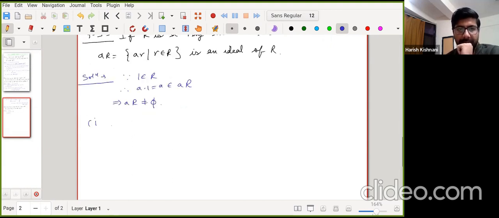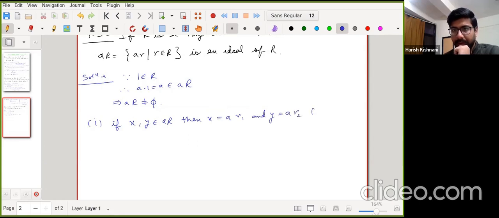And if say x, y belongs to this set aR, then as per the definition of this set, x is going to be some a times r1 and y is going to be some a times r2 for some r1 and r2 inside the ring.